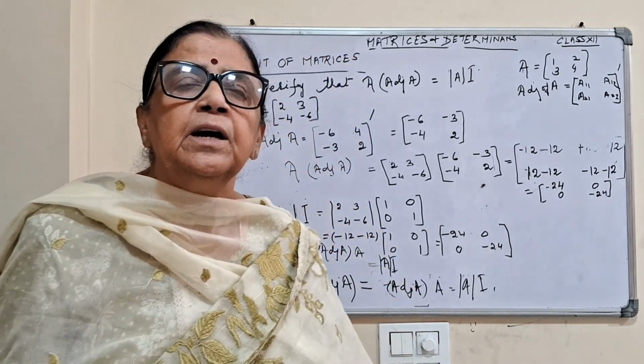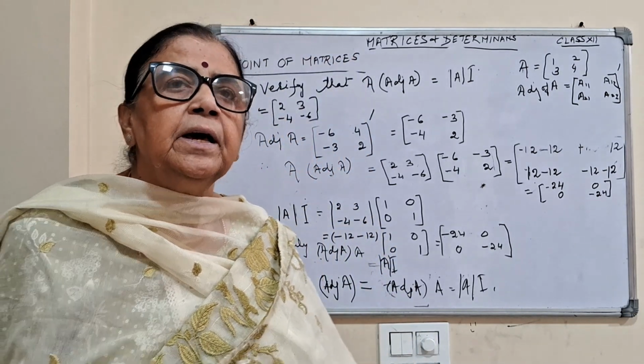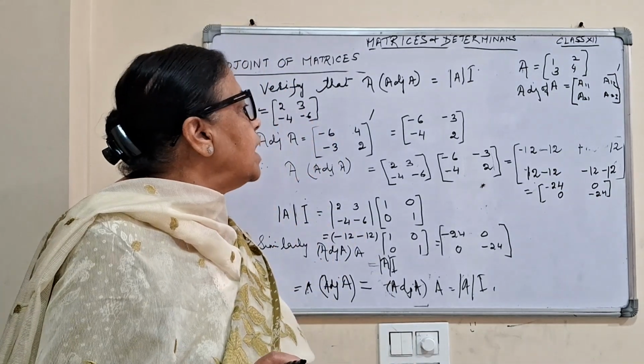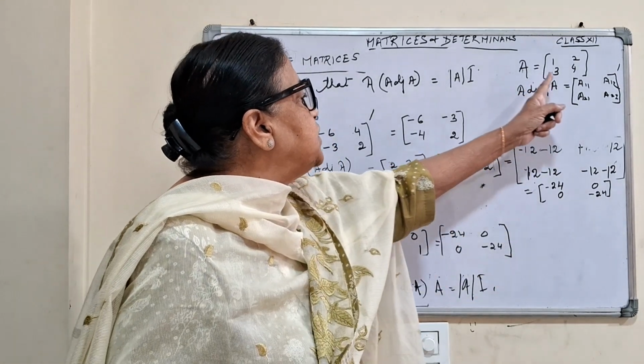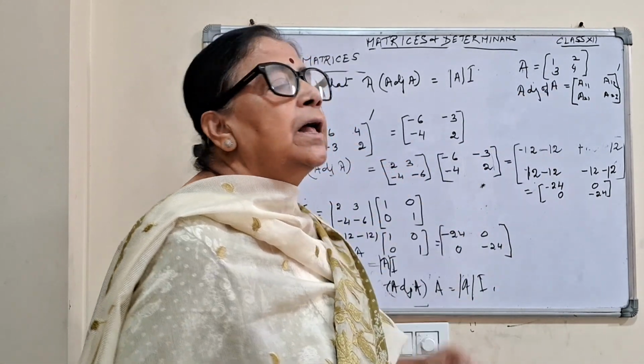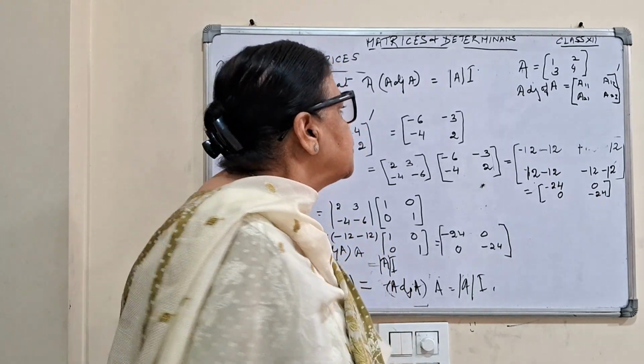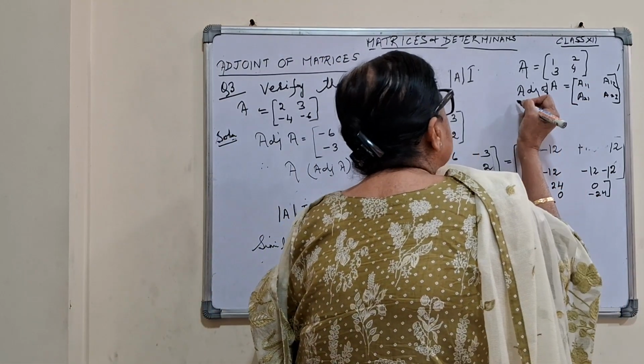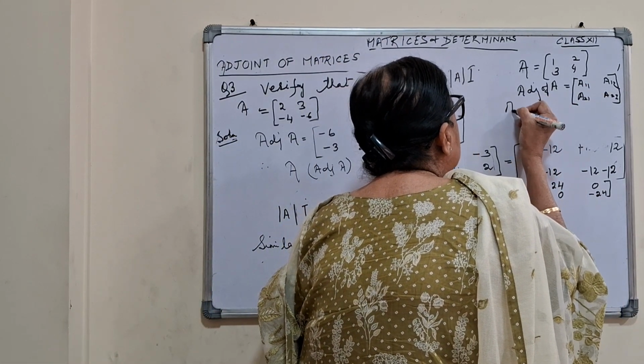Capital A is the cofactor of each element. How many elements are there? There are 4 elements. So I will find out the adjoint of A here.